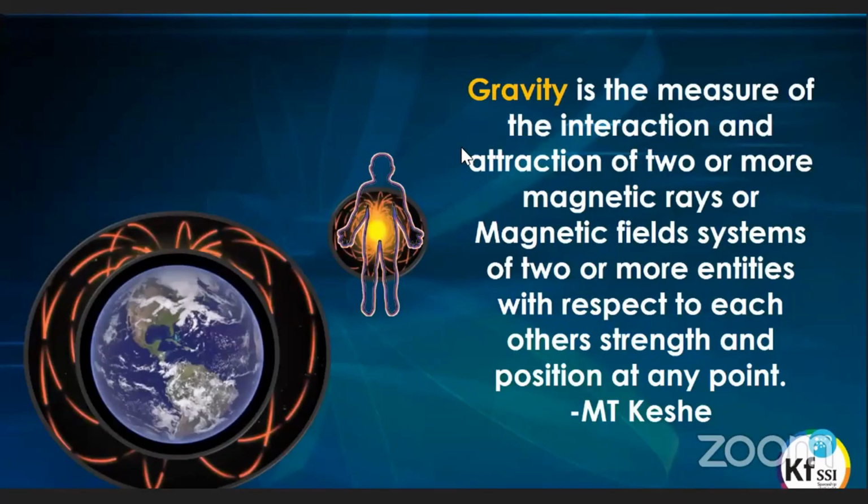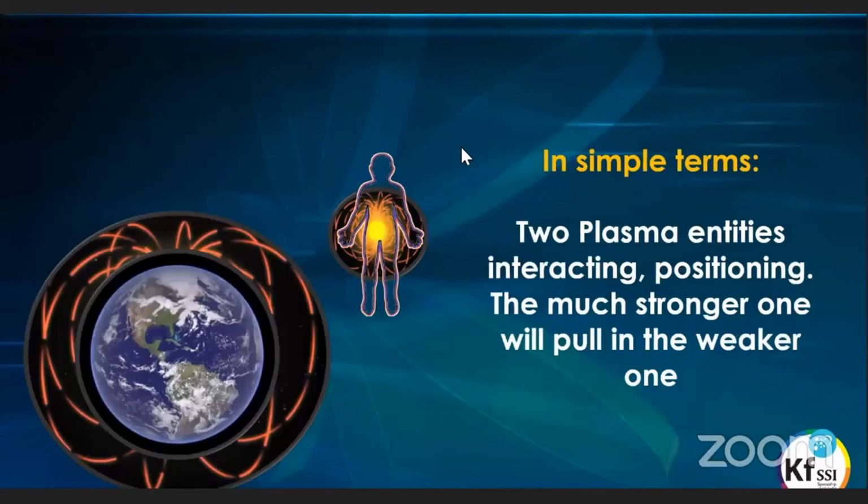And to simplify that, it's essentially two plasma entities interacting and finding their position, and the much stronger one will pull in the weaker ones, the stronger one being Earth and then ourselves. Because we've got to view everything as a plasma and everything in the view of positioning and interaction of these fields.